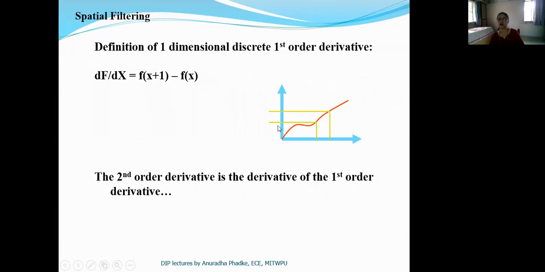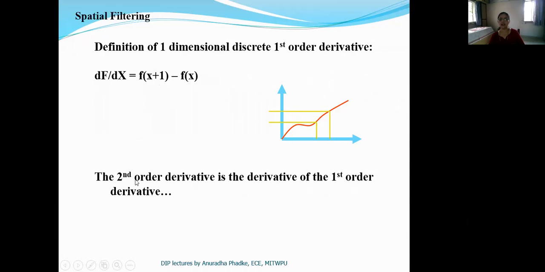So if this is your x, this point on the y-axis is your f(x). If this point is x plus 1, this particular point is f(x+1). So this simple difference, f(x+1) minus f(x), gives you the derivative of f with respect to x. This is your first order derivative.